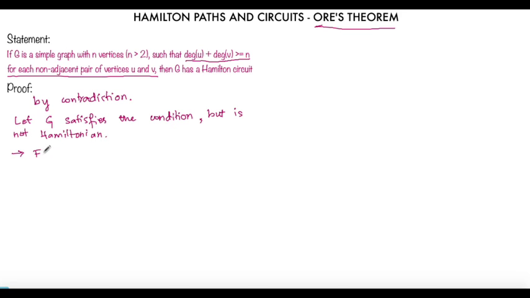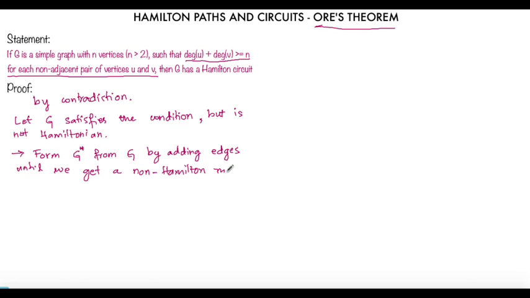So we'll say form a graph G star from G by adding edges until we get a non-Hamiltonian maximal graph.